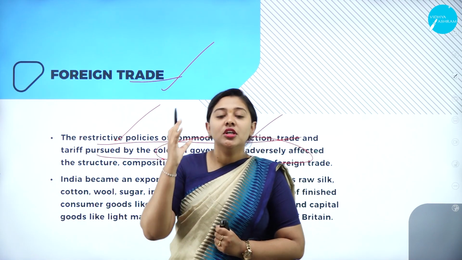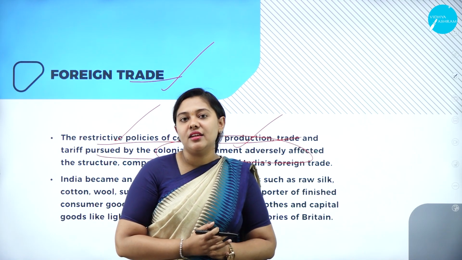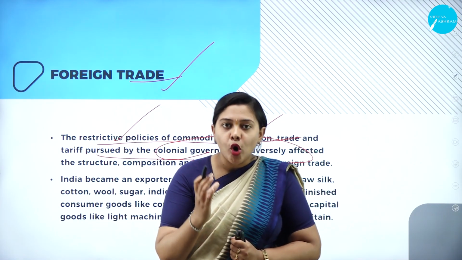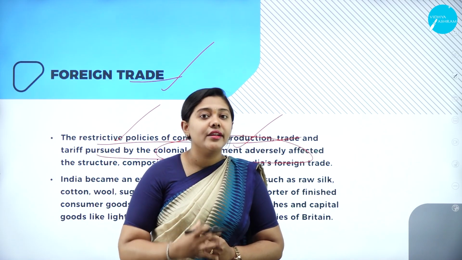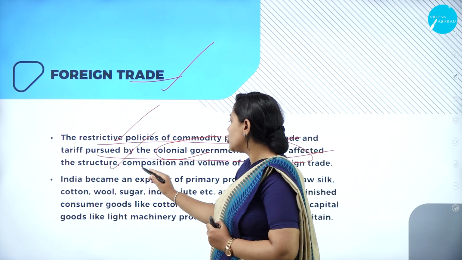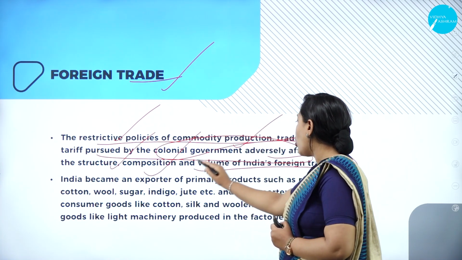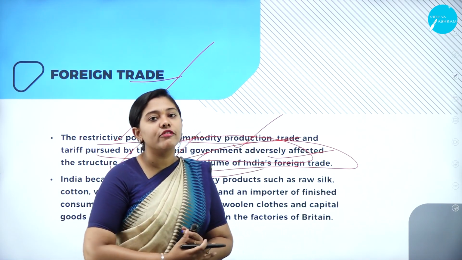The British imposed tariff barriers, trade barriers. They imposed policies which adversely affected our country's foreign trade, the structure, composition and volume of India's foreign trade. So we were not much good at foreign trade.